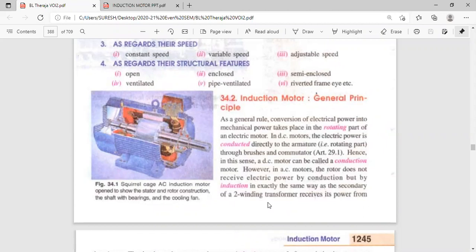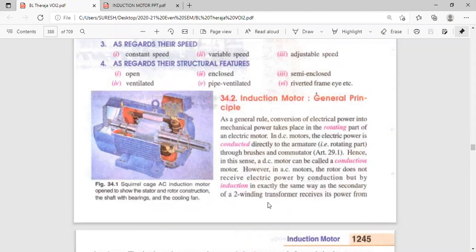What is the purpose of stator winding or field winding? To make the iron piece as magnet.